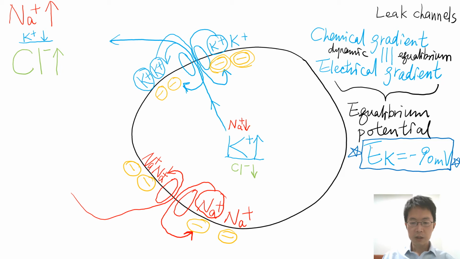So in here, the first one, this is the chemical gradient. When it goes outside, this is the electrical gradient.